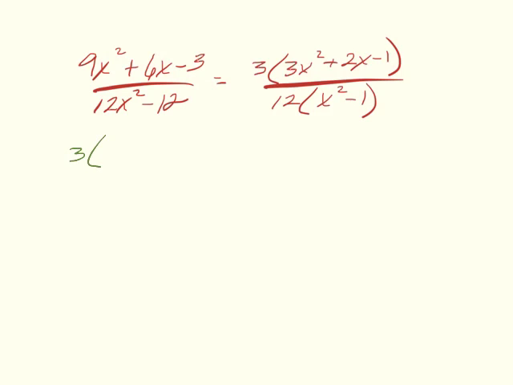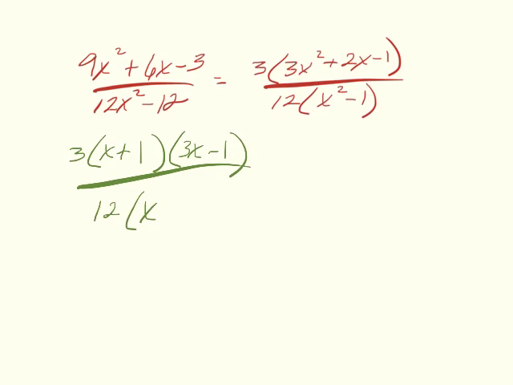So 3 times, and we're going to break that up into two quantities. And when you do the math, you'll get that and that for the top and the bottom. We're going to leave that as 12, and we're going to put that as x minus 1 and x plus 1. And then that gives us a chance to cancel that with that.